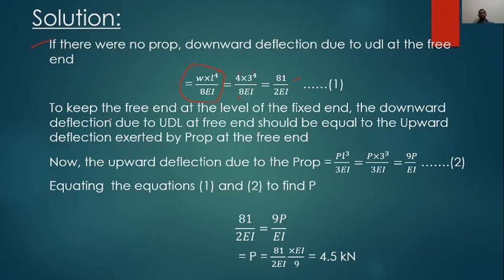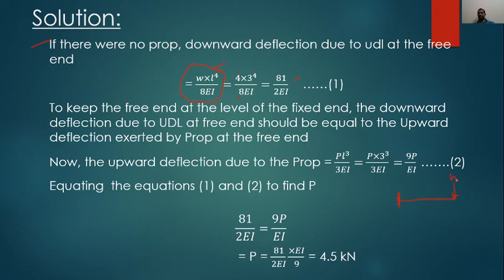To keep the free end at the level of the fixed end, the downward deflection due to UDL at the free end should be equal to the upward deflection exerted by the prop at the free end. Now the upward deflection due to the prop: we can consider it almost equivalent to a cantilever beam subjected to a point load, but in the case of the prop, it is in the opposite direction.